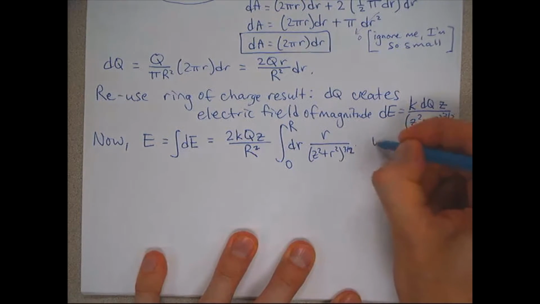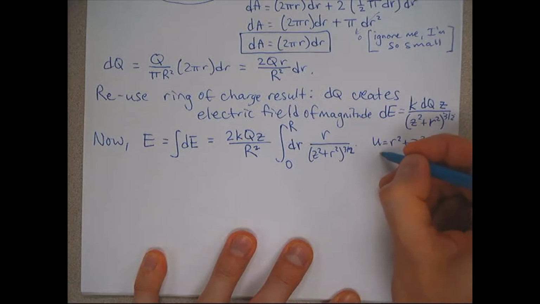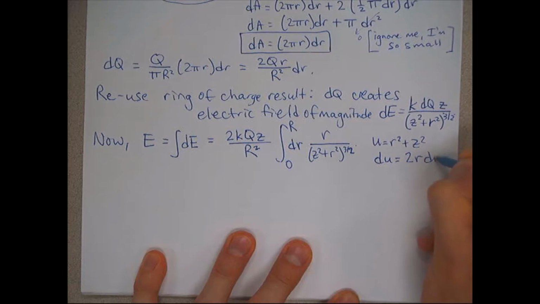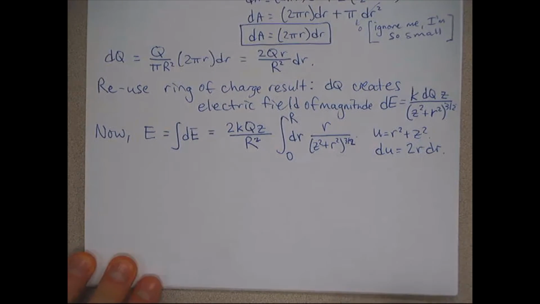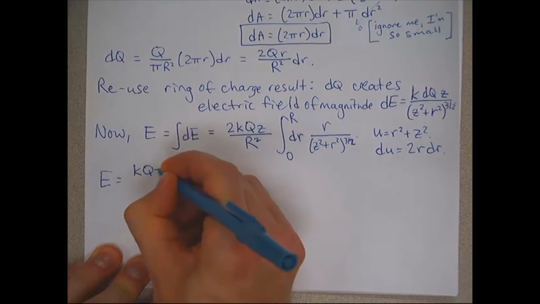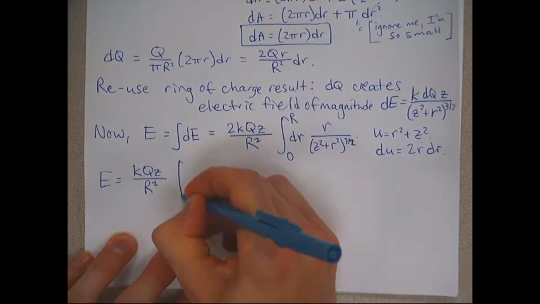And you can tackle this with a simple u substitution, r squared plus z squared, then your du would end up being 2r dr. The electric field is kqz over capital R squared.